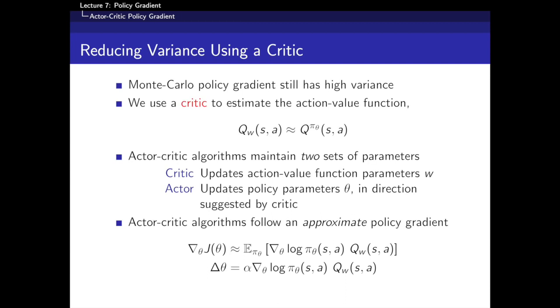And what we're going to do then is, at each step, we're just going to move a little bit, using stochastic gradient ascent. Every step, we're going to move a little bit in the direction of the score multiplied by a sample from our own function approximator. So the critic is saying, hey, you know, I think this thing is good, or I think this thing is bad, and then we move a little bit in the direction that gets more or less of the things that the critic says are good or bad. Okay?